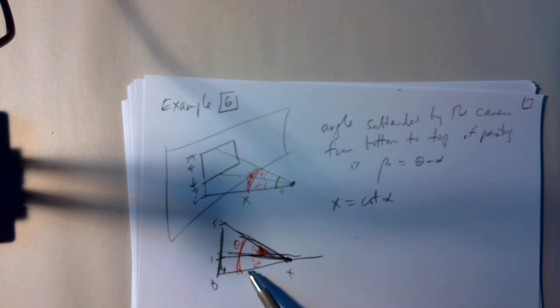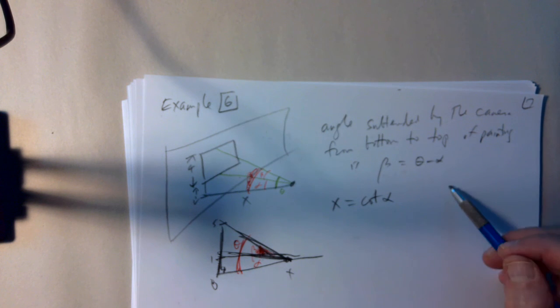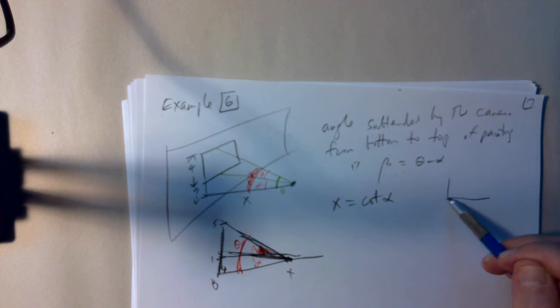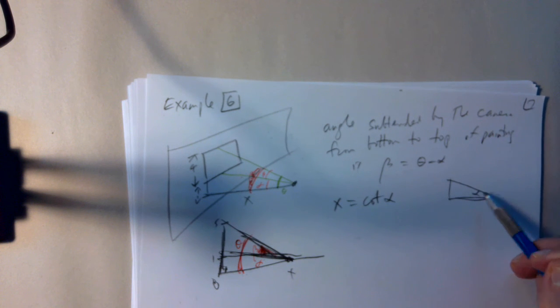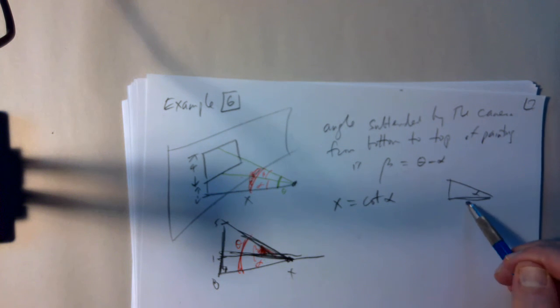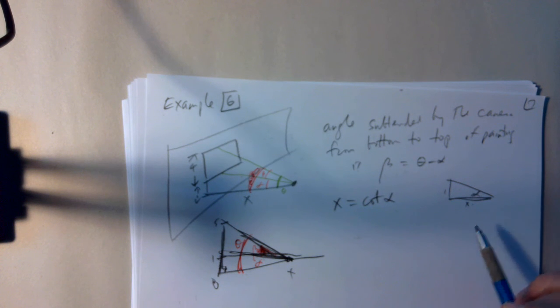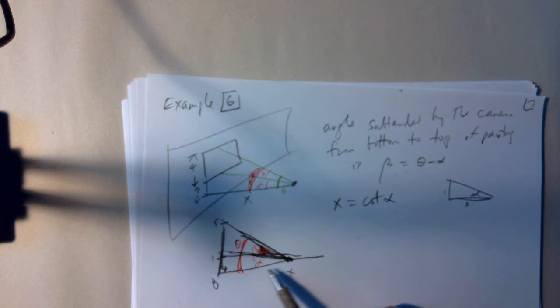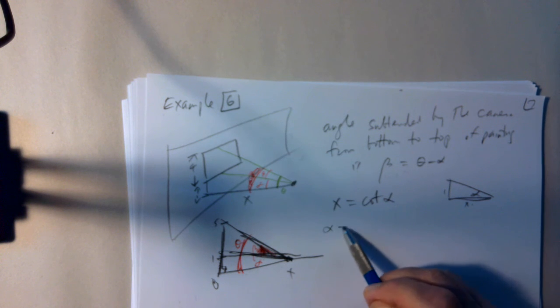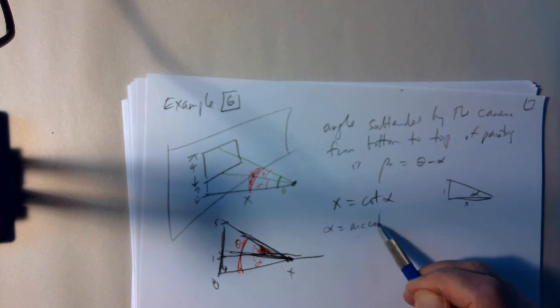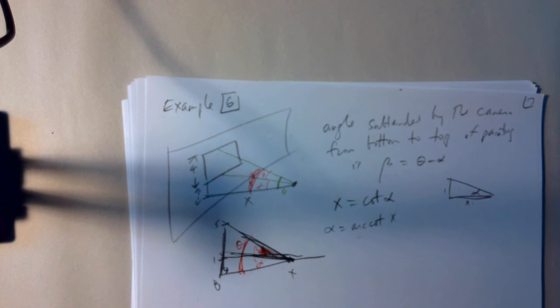Cotangent is adjacent side over opposite side. So here's alpha, this is x, this is 1. The tangent is 1 over x. The cotangent is x, which means if I want to express alpha in terms of x, alpha is the arc cotangent of x.